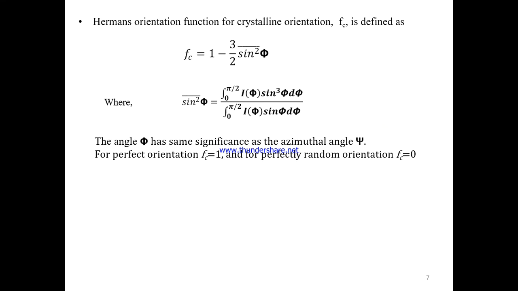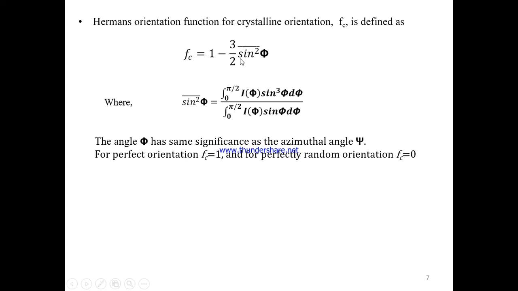There is an approach which is called Hermann's orientation function. Hermann is the name of the researcher who proposed this approach for measuring the molecular orientation of fibers in the crystalline phase by some quantitative calculations. He has presented the orientation function as Fc, which is defined as Fc equal to 1 minus 3 by 2 average of sine square phi.